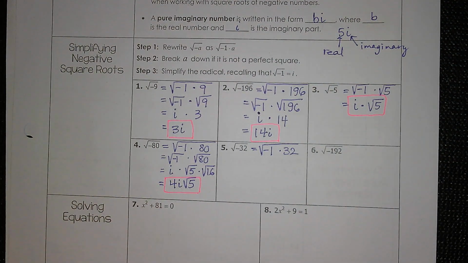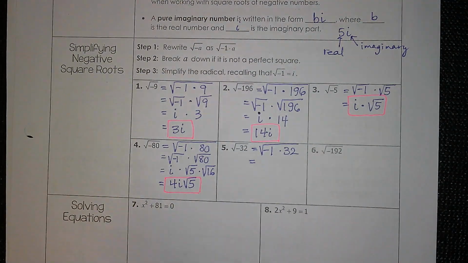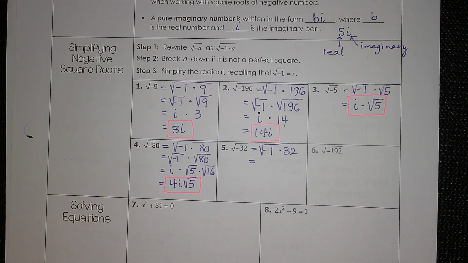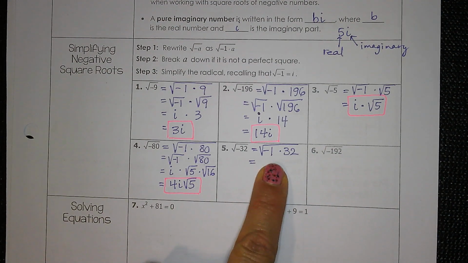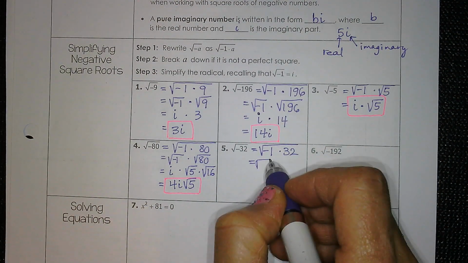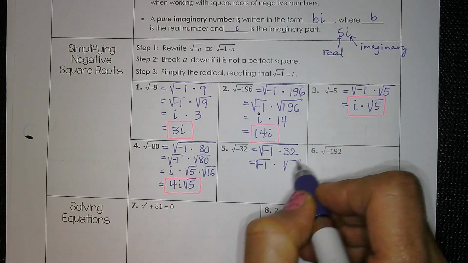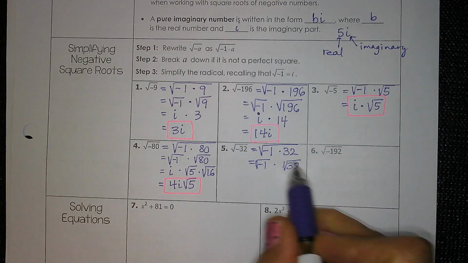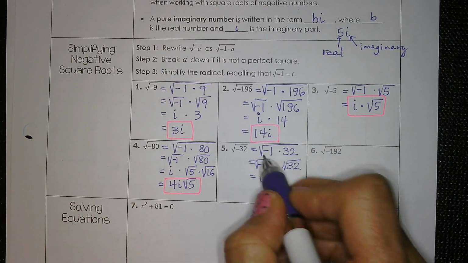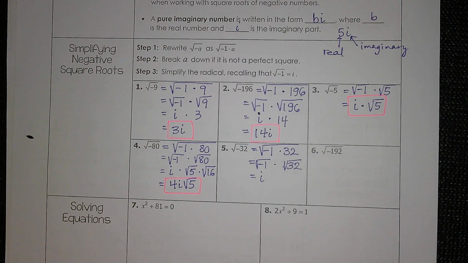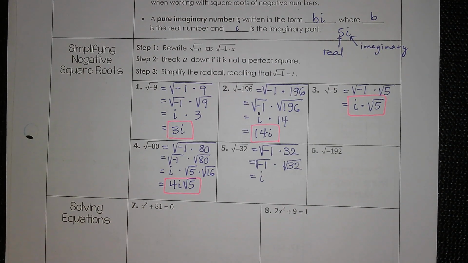Okay, so number 5, negative 1 times 32. I'm hoping that you're starting to see where this is going to go. Can you see where this is going to go? All right, so we're breaking these apart. How are you going to simplify root 32? Because that's just an i. So you have to simplify root 32.